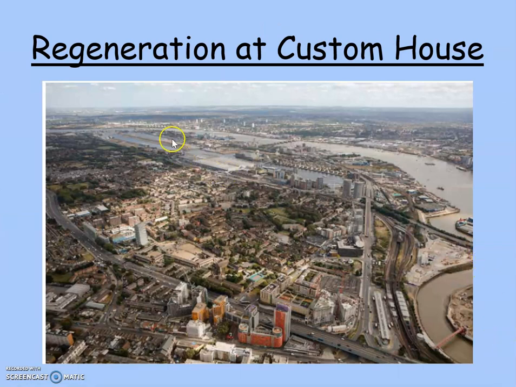You can see obviously the Thames River, and over here is actually the City of London Airport. The Excel exhibition centre over here, and then further over to the right, you've got the O2.